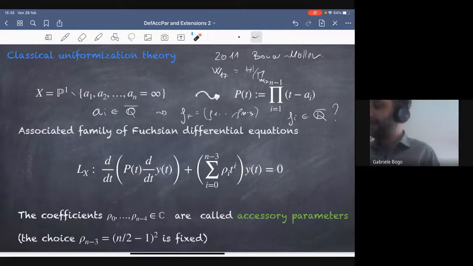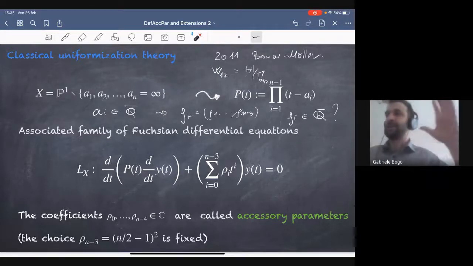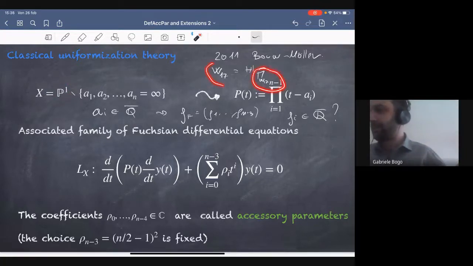But still, the solution of the differential equation associated to this surface has integral coefficients, and the accessory parameters are algebraic integers. So you see, each time we are sort of enlarging the class of groups with arithmetic properties, and the group here is not commensurable to a triangle subgroup, but has a so-called modular embedding.